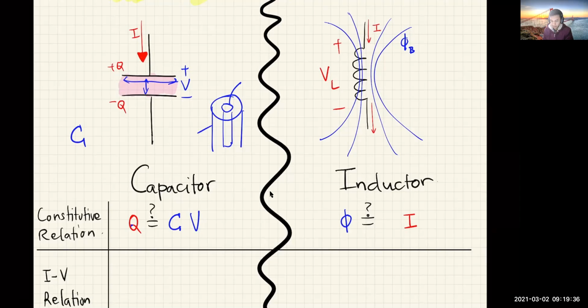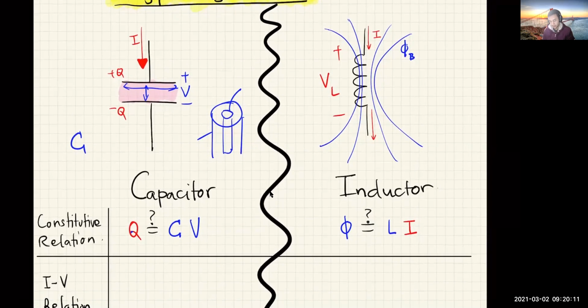Similarly, for the inductor case, the question about how much current is needed to create a unit of magnetic flux around the inductor is given by the inductance L. Okay, so this inductance L captures all sorts of phenomena and geometry and material parameters, but this inductance value is what we're mostly concerned about.